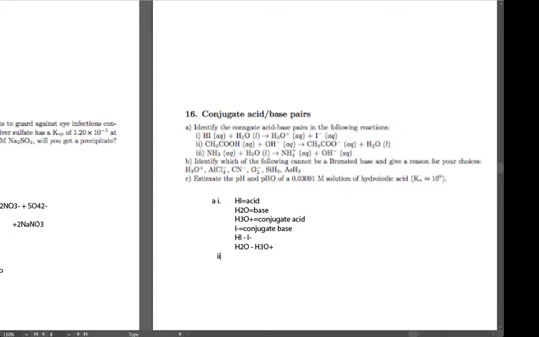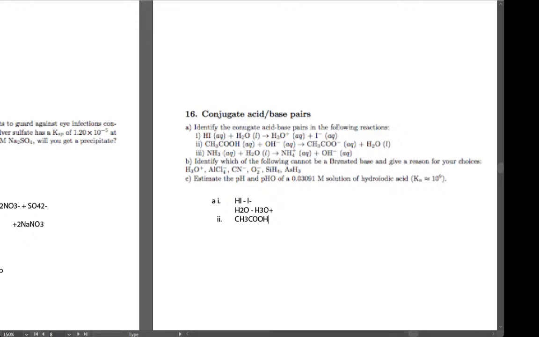So let's do part 2. CH3COOH, which is acetic acid, I believe, and OH minus would result in CH3COO minus plus H2O. So first thing, we only need to care about the pair.